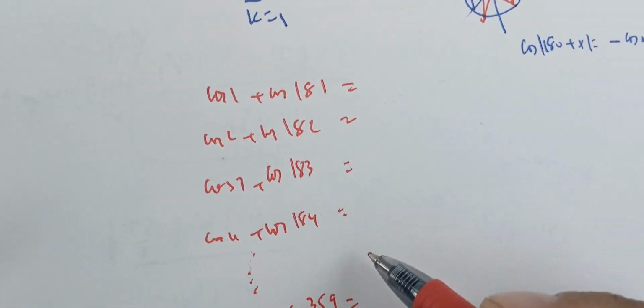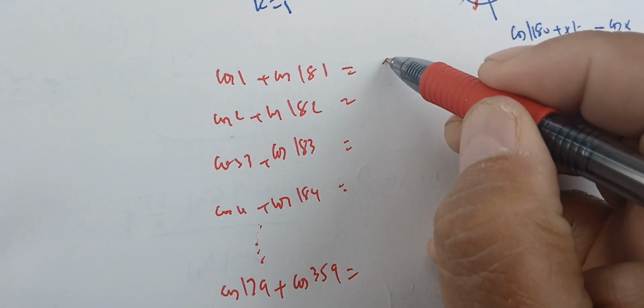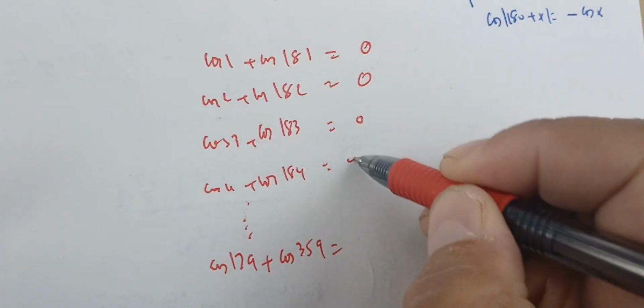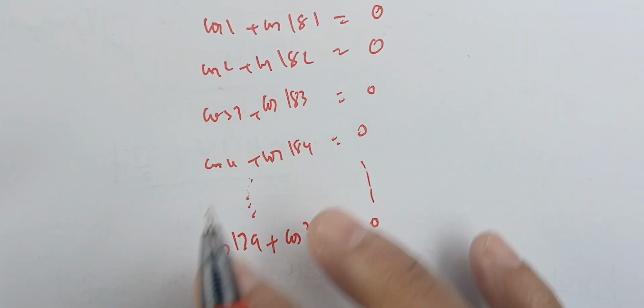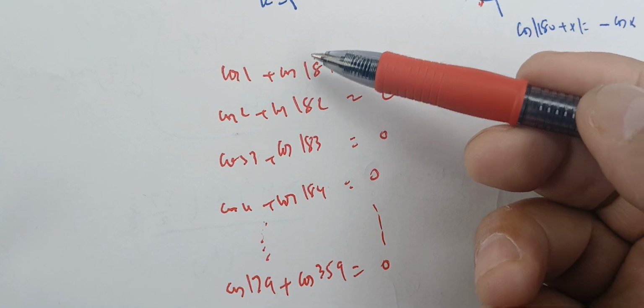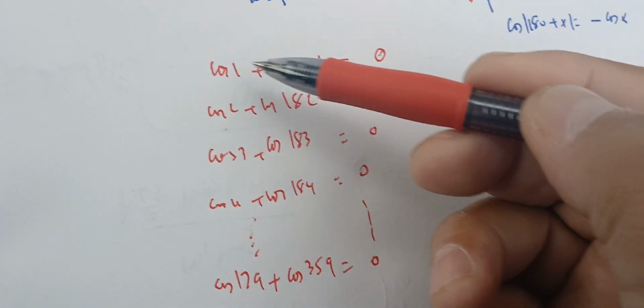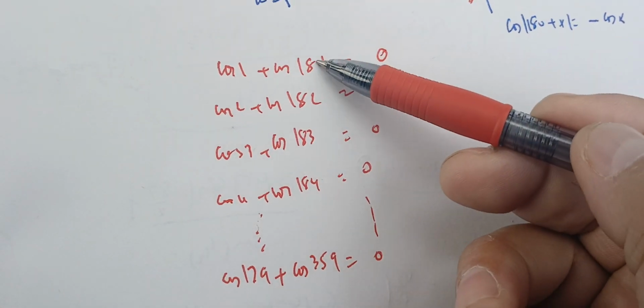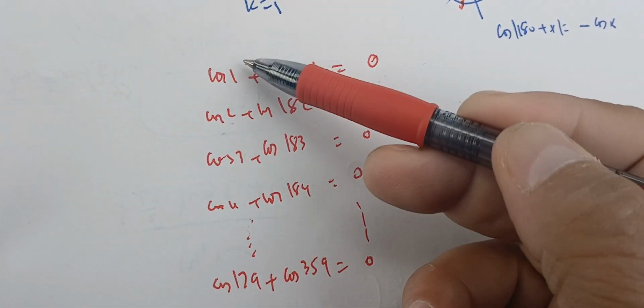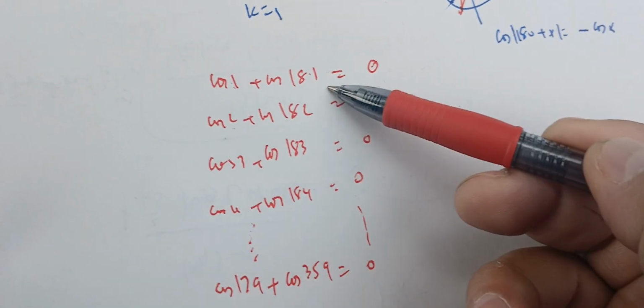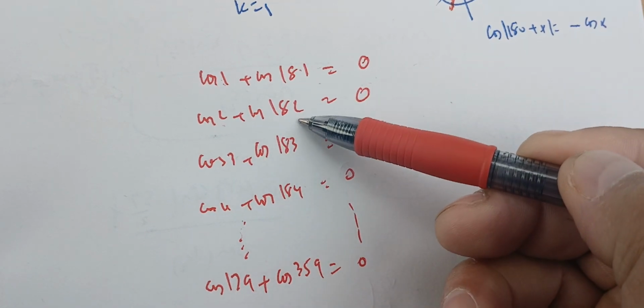Each pair adds up to 0, so 0, 0, 0, and so on. In this sum I have an even number of terms, pairing 1 degree with 181 degrees, 2 degrees with 182 degrees.